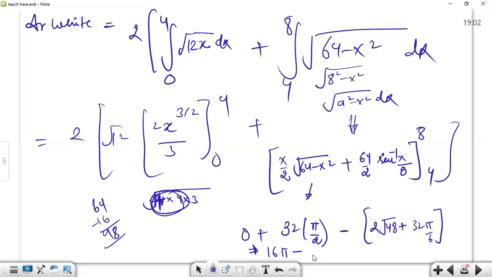So 4 root 3 into 2 is 8 root 3, minus, this will become 16 pi by 3. Now after subtracting this, it will become 16 pi by 3 into 2, right? Minus 8 root 3. So this is only the value of this much.